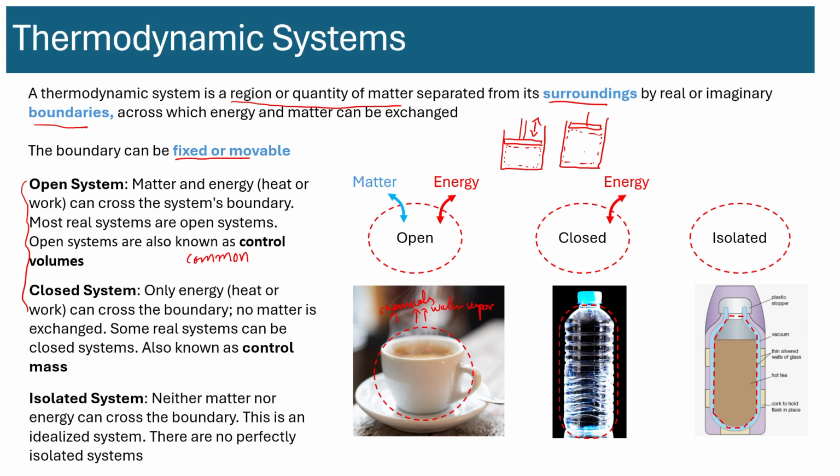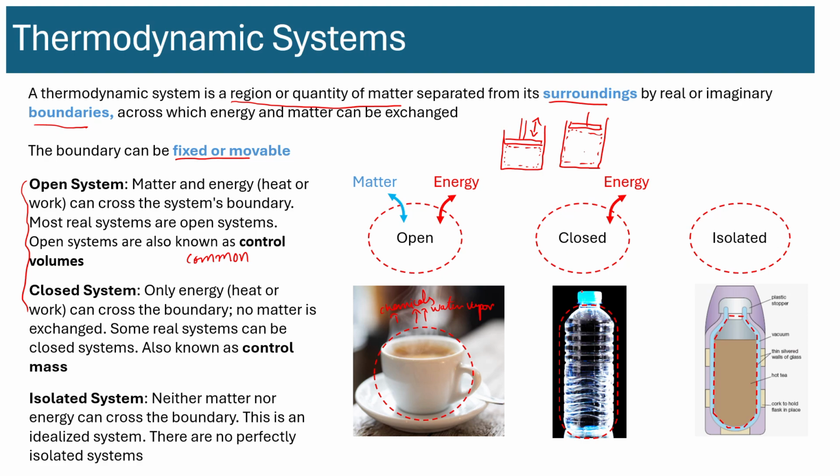You can smell a coffee, means there are coffee flavors leaving the cup. There's probably some milk particles leaving the cup too. So there is a lot of mass transfer across the boundary. And if you leave the coffee cup on the table for a while, it'll cool down. So there is energy leaving the cup, that it's becoming colder. Such a system is called an open system because there's transfer of mass and energy across the system boundary.